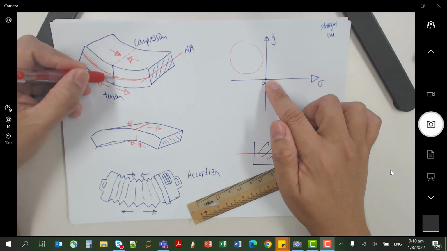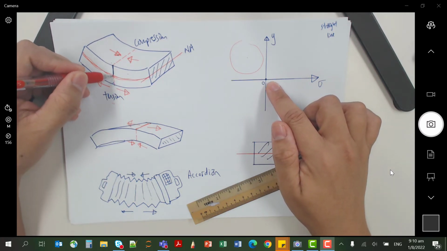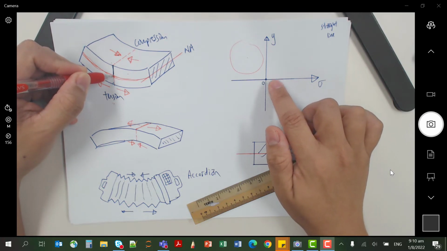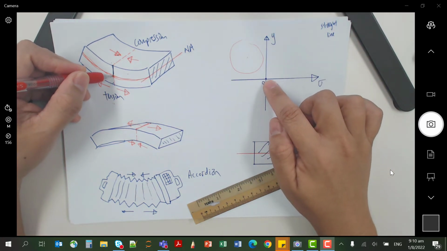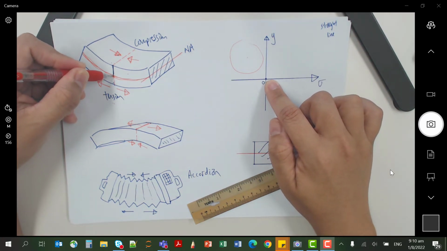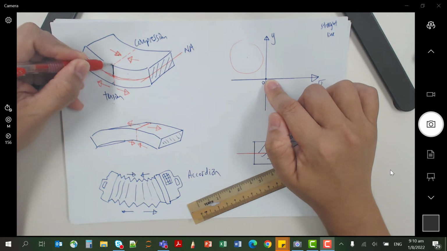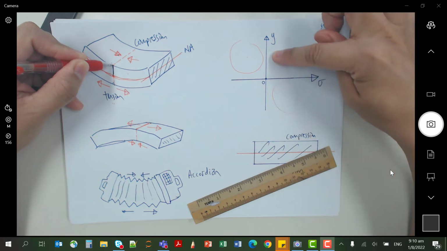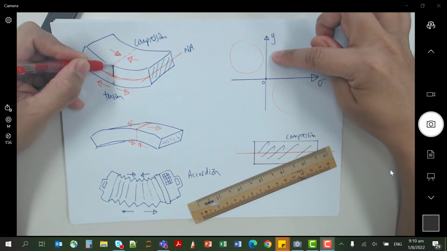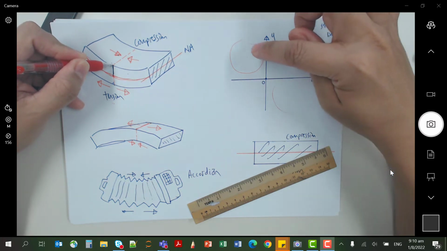Along this line there is no stress. So here, this place with no stress, you set as the origin: 0 stress, 0 y. This is where y is 0. As you go up to the top, your y goes up and you experience compression, so your sigma is negative.